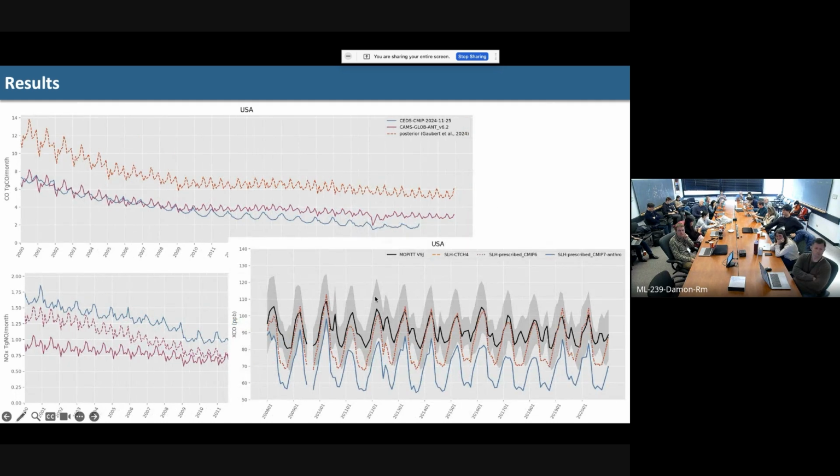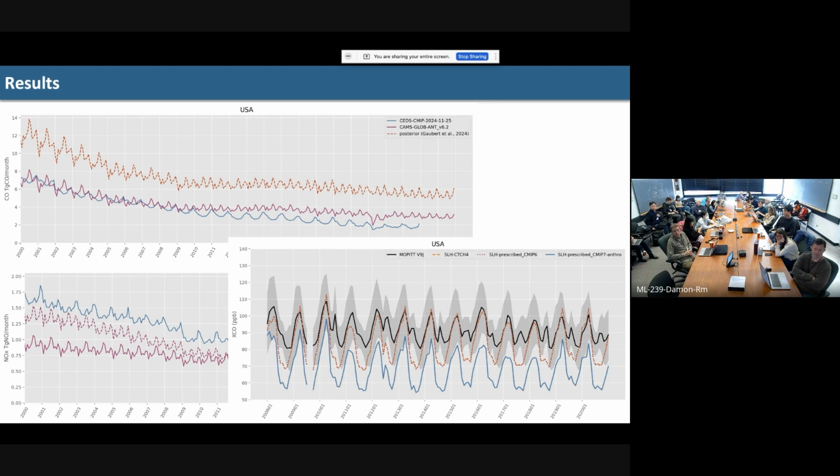Looking at MOPITT, our posterior emissions are performing very well. We still see an underestimation in the summertime as for the rest of the northern hemisphere. And the CAMS emissions are quite low.